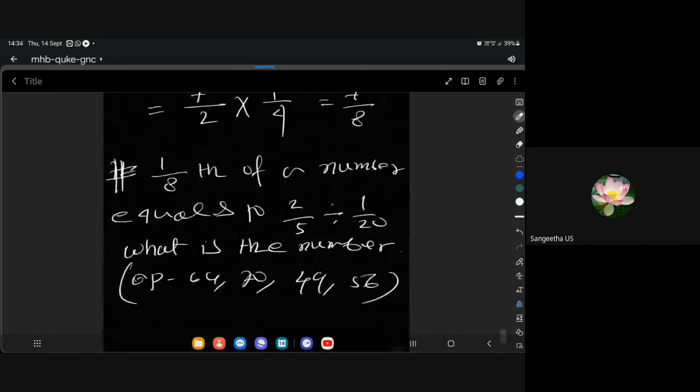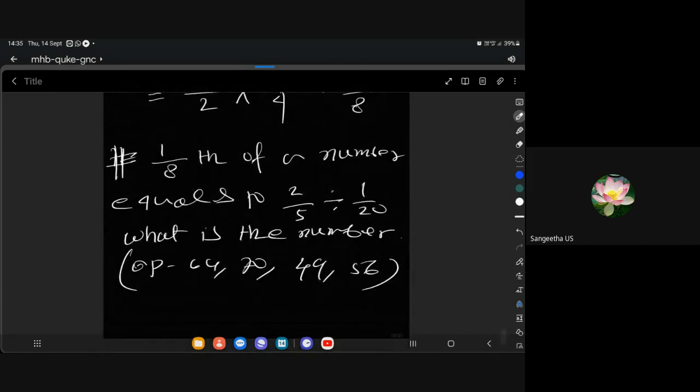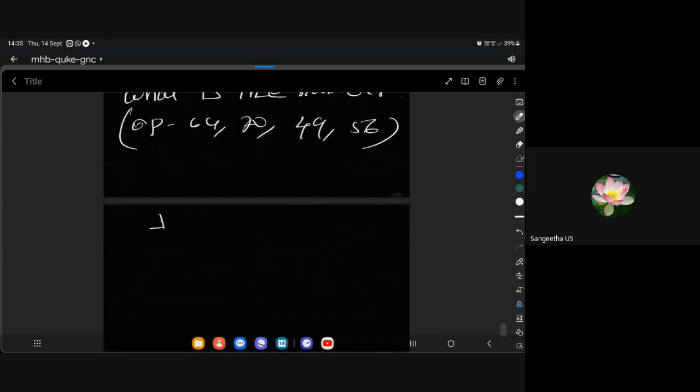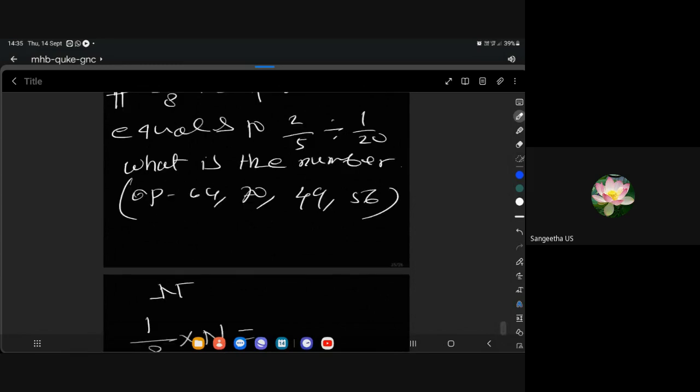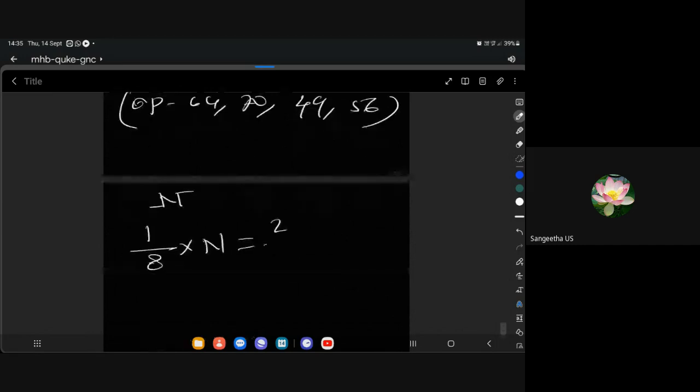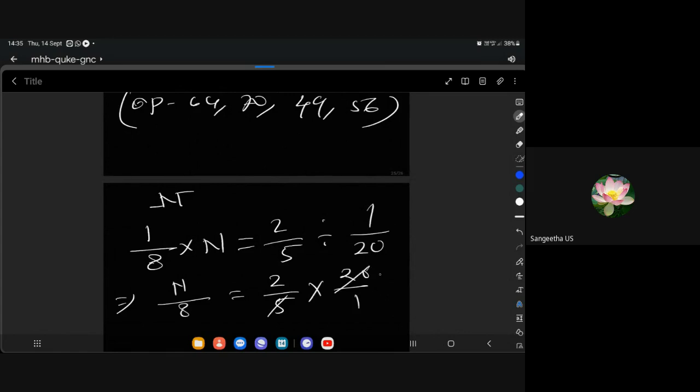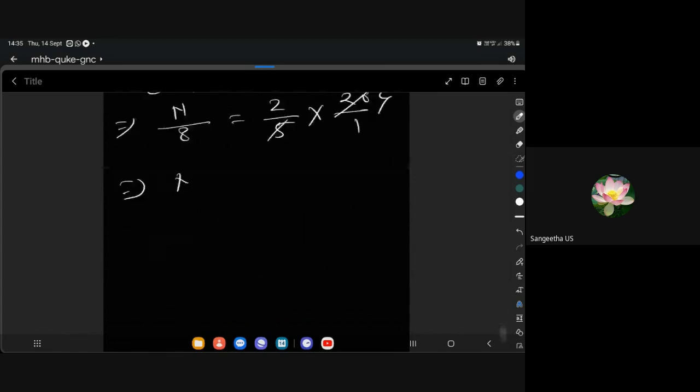Okay. See, suppose the number is n. They have asked you 1 by 8 of n is equal to 2 by 5 divided by 1 by 20. Now obviously it will be n by 8 is equal to 2 by 5 into 20, which is 8. Now, if there is an equal sign, there's an equation basically.